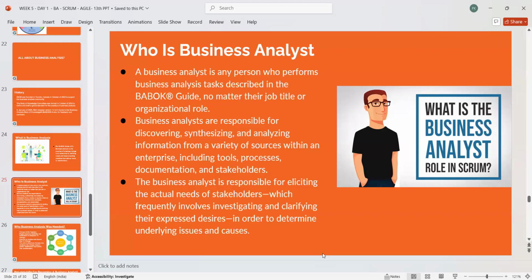So what are we saying, that BA is responsible for eliciting the actual needs of stakeholders. So yes, you are the contact person for stakeholders as they are giving all their requirements and required details to you.